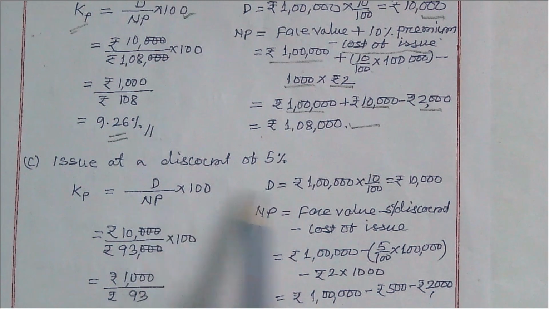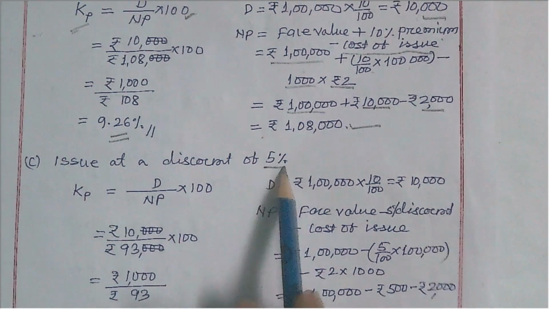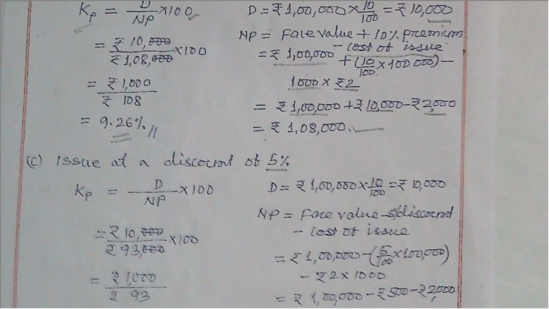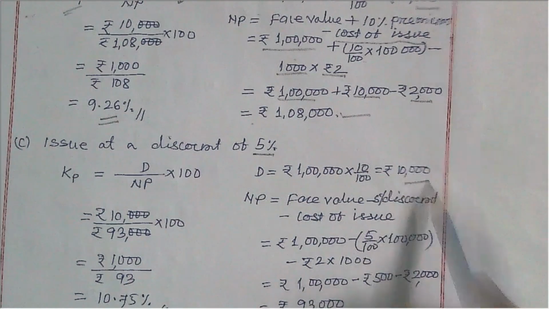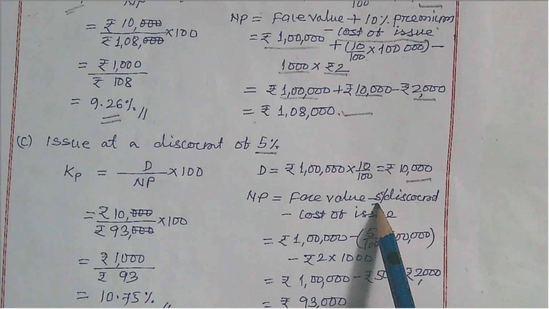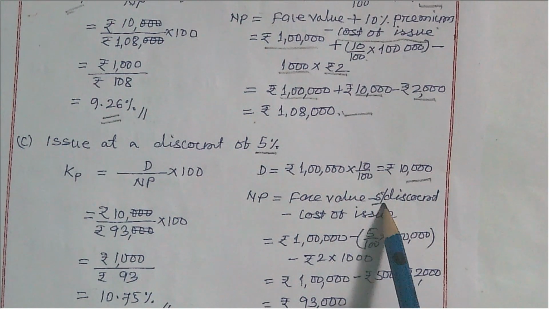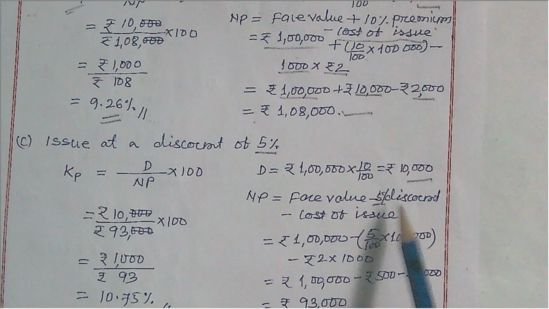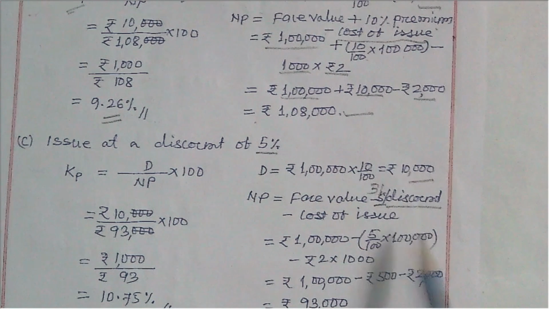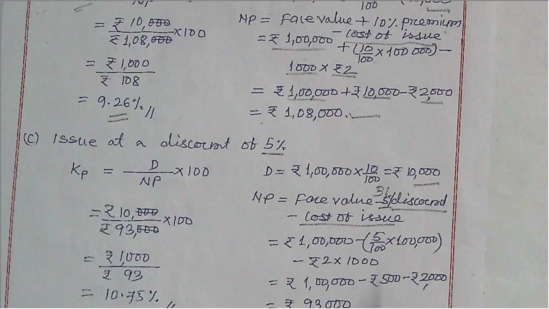Now it is issued at a discount of 5%. Same formula, D is the same amount, but for the discount we subtract: face value minus the 5% discount amount minus cost of issue.